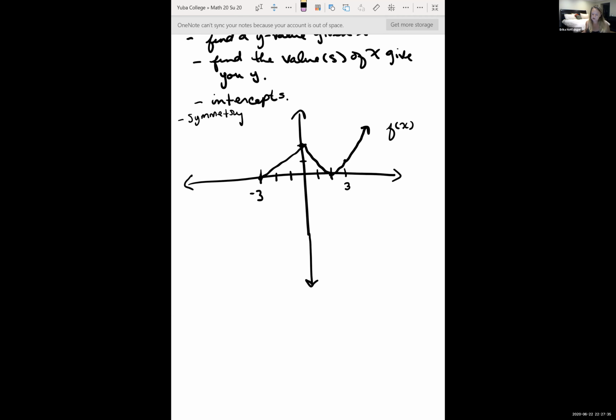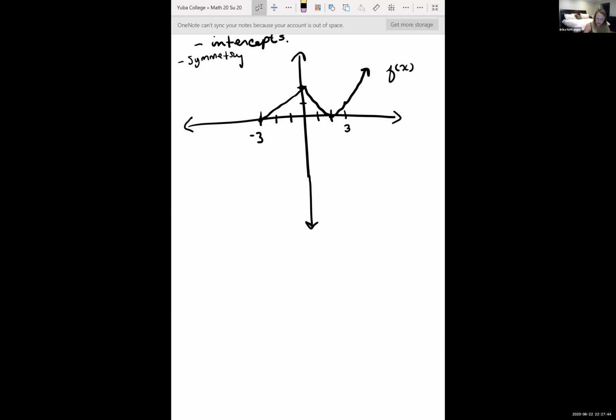Is it symmetrical across something? The x-axis, the y-axis, the origin? Okay, so looking at this picture, find the domain and range.